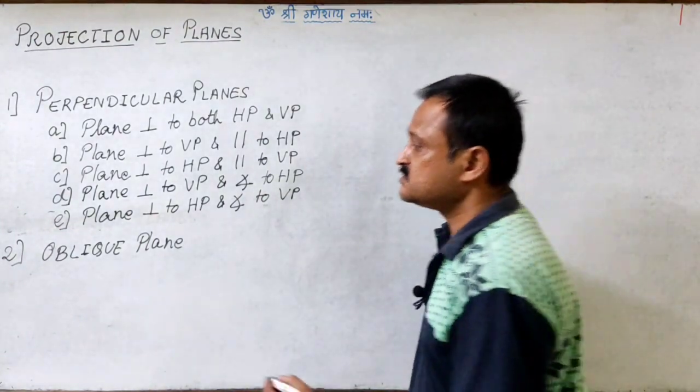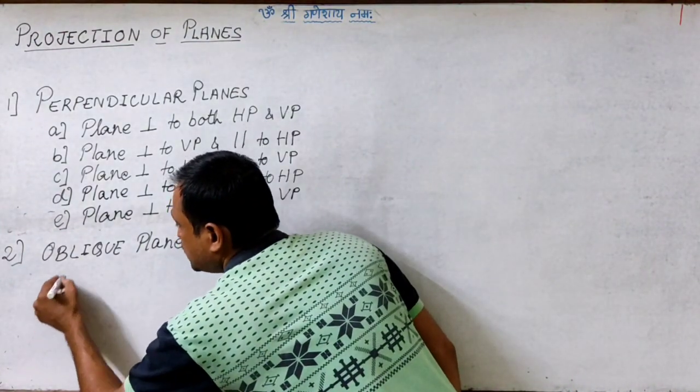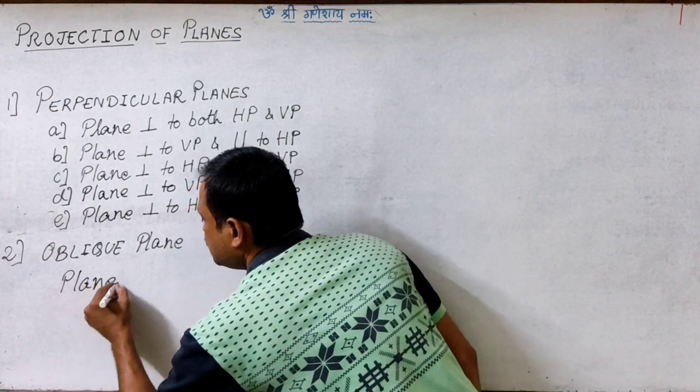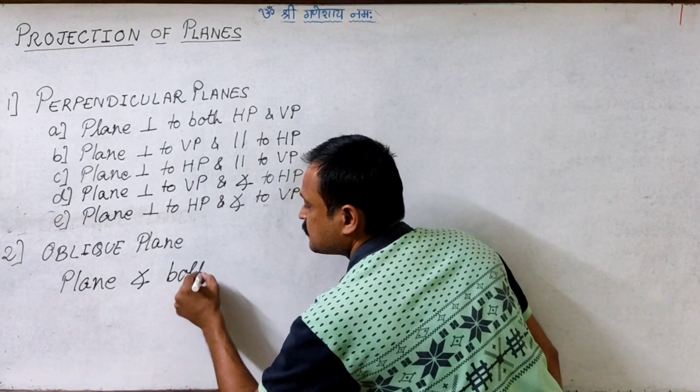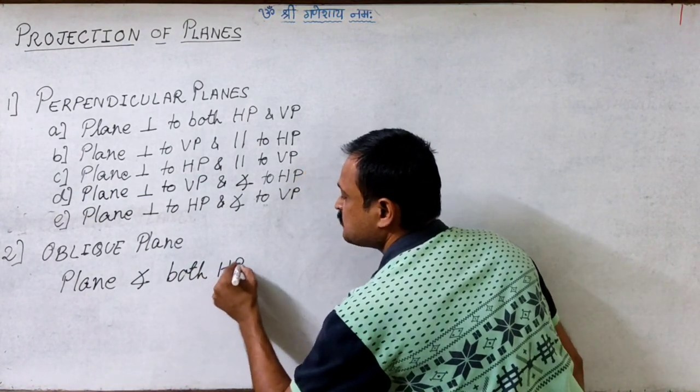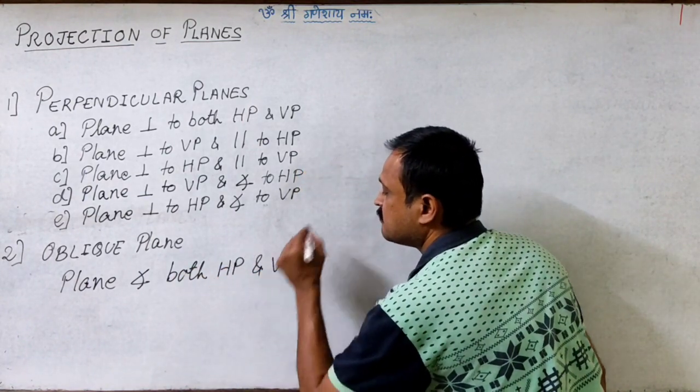So in this case the plane is inclined to both HP and VP.